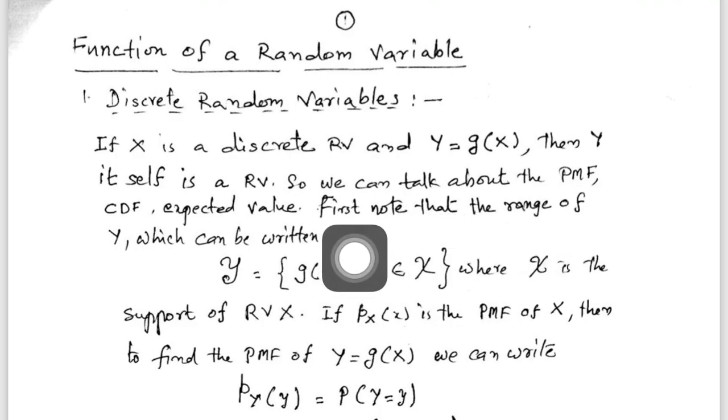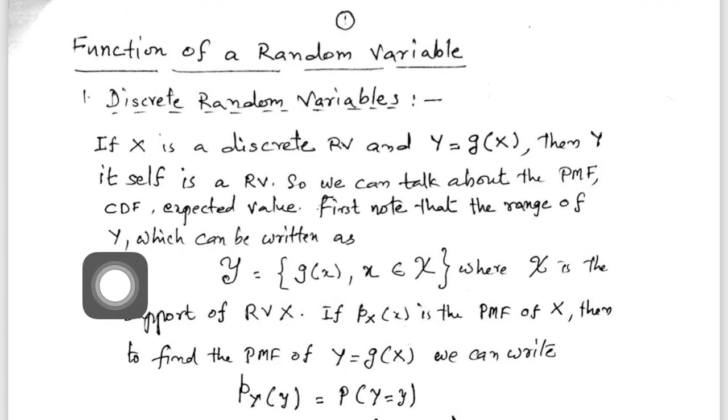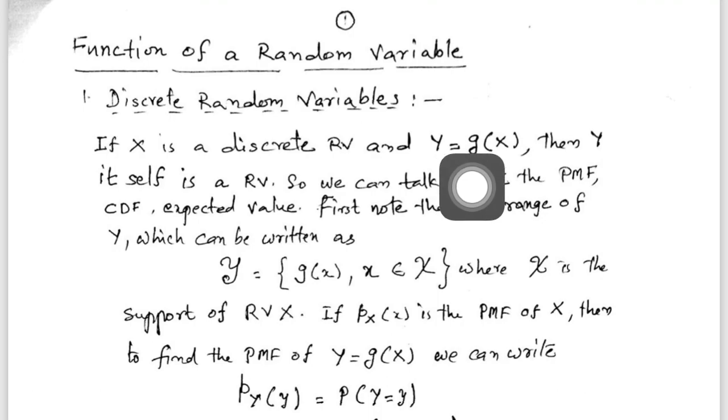And first we note the range of Y, the new random variable defined by Y equal to g of X. And for that purpose, you must know what is the range of X first.